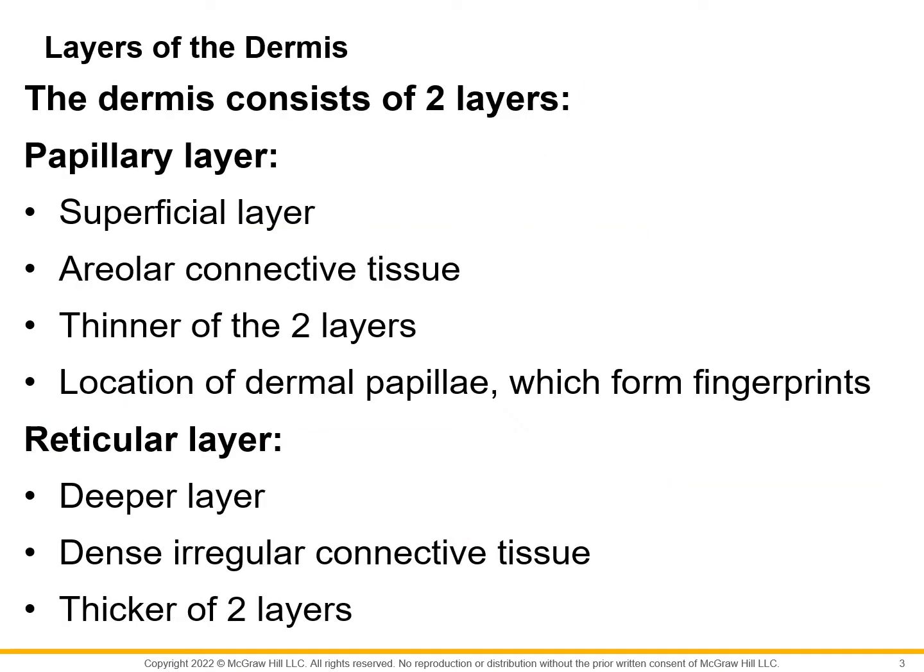So the dermis consists of 2 layers. Now, again, we don't look at this in lab, but there's 2 layers. We have a very small papillary layer, which is this superficial layer. It really is basically, and I'll show you on the picture, this layer where there's going to be this intense capillary bed that's going to have these projections that we call dermal papilla that stick up from it.